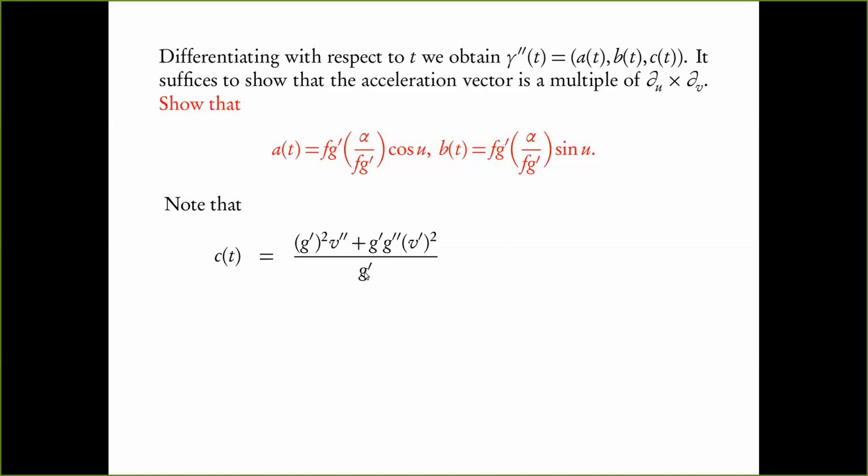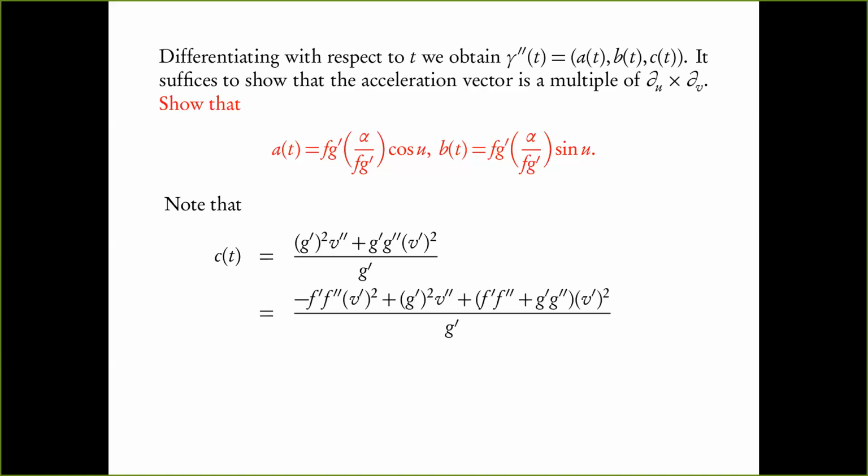Even here, you might say there's a g prime in the denominator, a g prime up here, and g prime squared up here. Well, you could have cancelled g prime, but I would like to leave it this way, because even if you cancel, what do you get? You get g prime v double prime plus g double prime v prime squared. Right? That's just by the product rule and chain rule.